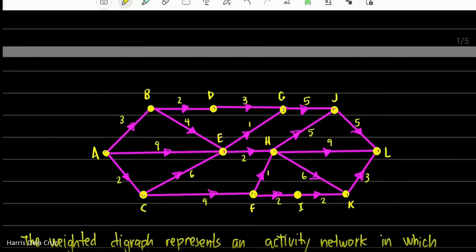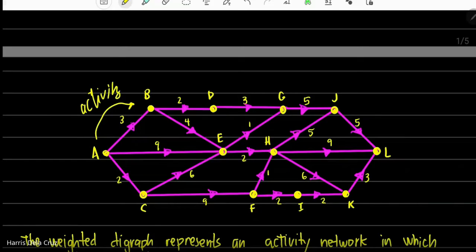So, ang idea, pag may arrow, ibig sabihin, dependent na matapos mo yung activity from A to C bago mo masimulan yung C. Ganon din yung A to E. Ibig sabihin, from A to B, there's an activity here.